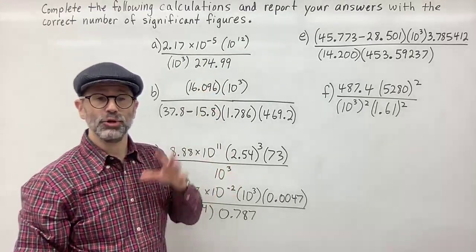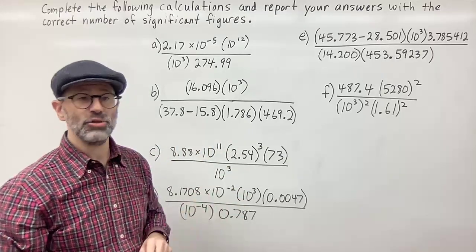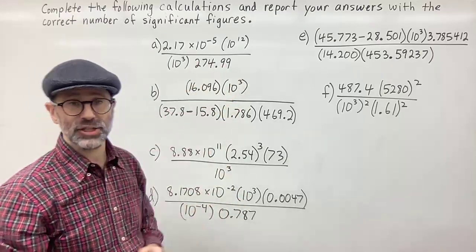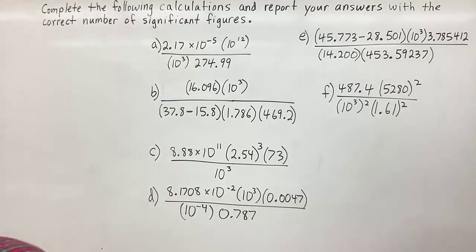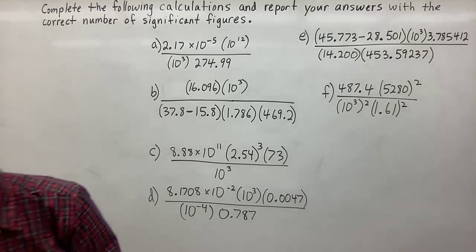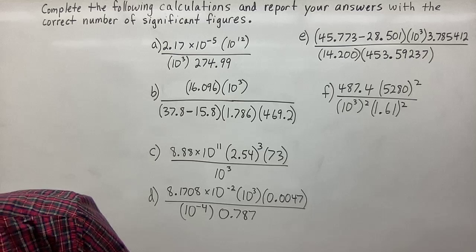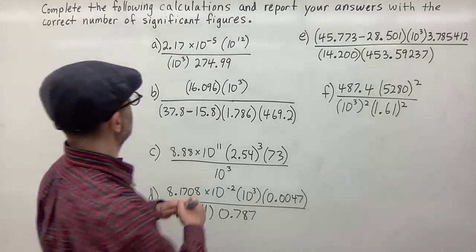However you do this, if you use a calculator or if you do it by hand, that's not the issue. We're going to get an answer. And so the answer we're going to get, give me a second, is going to be 7891.